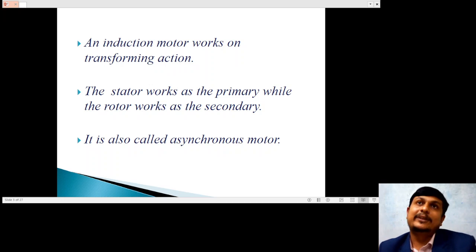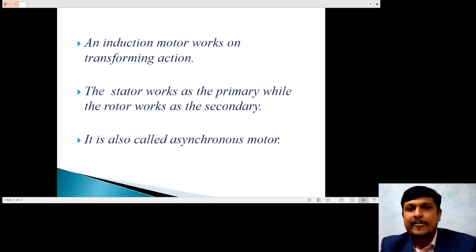In a transformer the frequency of primary and secondary winding is the same, but in an induction motor the rotor frequency is not the same as the stator frequency. But there is a relation between rotor frequency and stator frequency, which will be discussed in later slides.